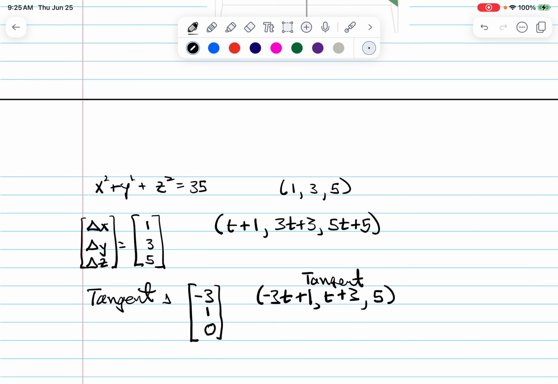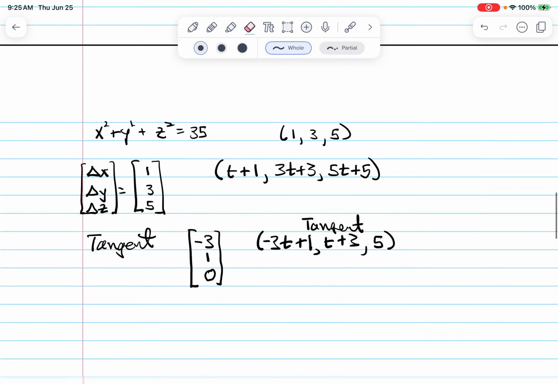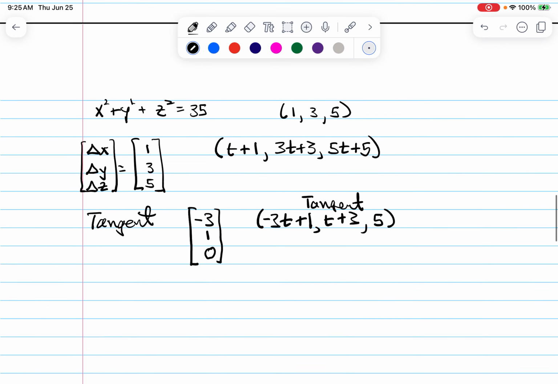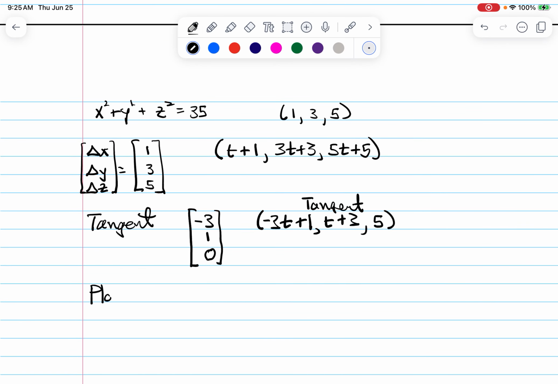Okay, so now, let's do this. Now what I want is my tangent plane. Okay, so here it goes. My tangent plane, I'm going to go back to using this right here. So here's what I've got.